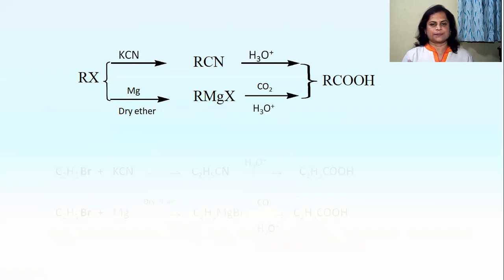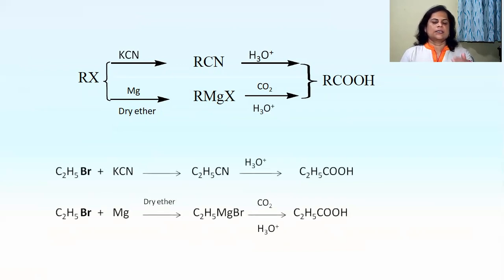As an example, ethyl bromide with KCN forms ethyl cyanide, and ethyl cyanide is converted into ethanoic acid. The other way is ethyl bromide with metal magnesium, forming ethyl magnesium bromide, which further undergoes hydrolysis to form propionic acid, C2H5C double bond OH.